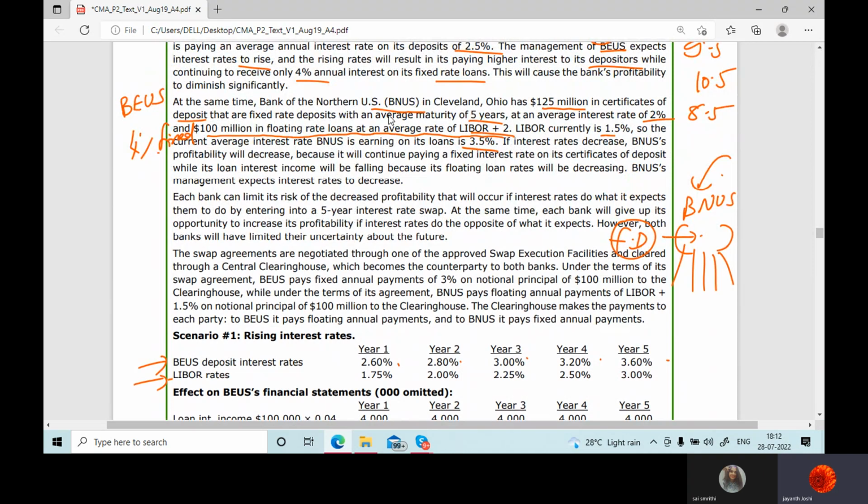What is happening is BNUS has given $100 million in loans to people, and they are receiving floating payments from people at floating rate LIBOR plus 2.